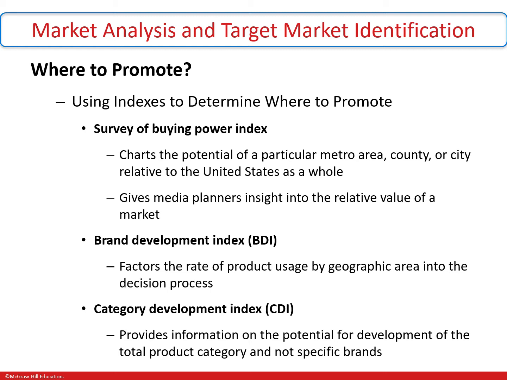So for example, you'll find that in terms of luxury products and so on, you'll get a lot more advertising in, for example, Los Angeles, because the rich and famous tend to live in LA, right? And so they would choose to advertise there as opposed to San Bernardino, California, right? So that helps when you look at buying power in different places to say, this is where I want to be focusing my message because there's a high concentration of the people who would fall into my target audience in that area.